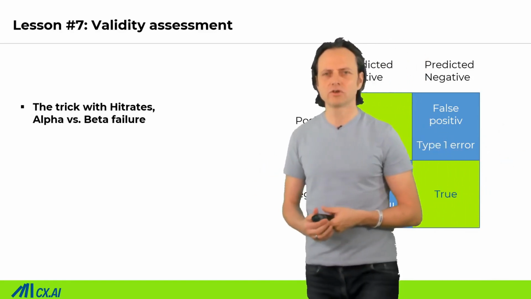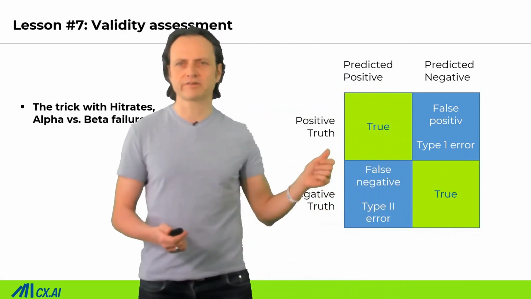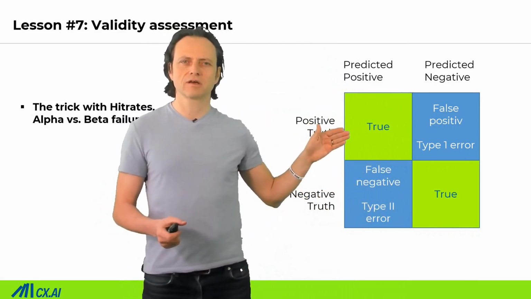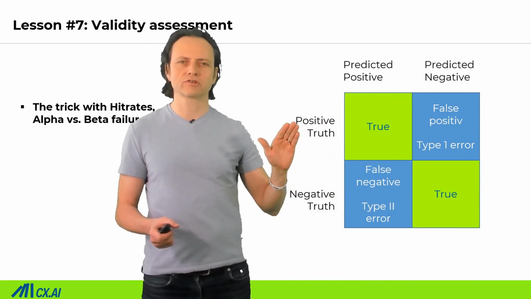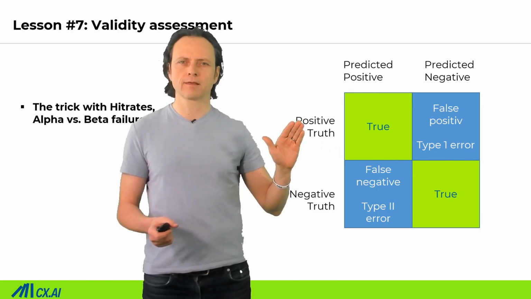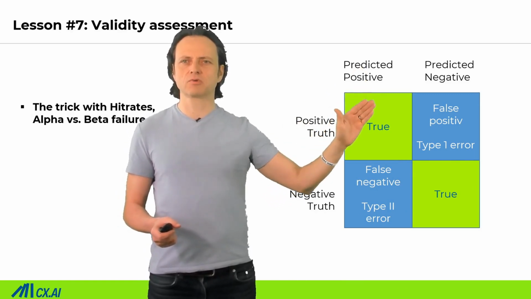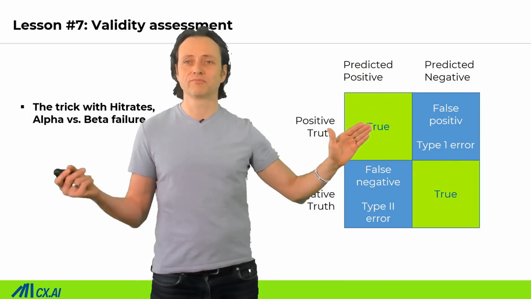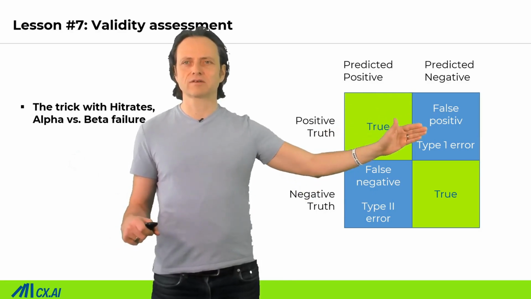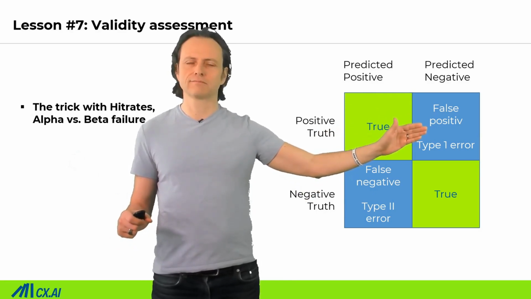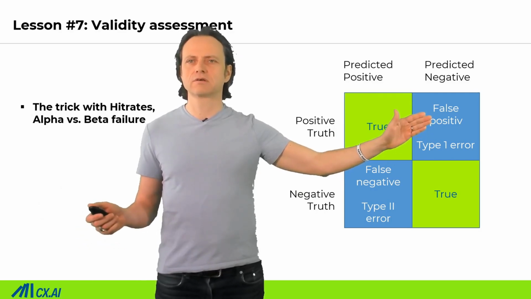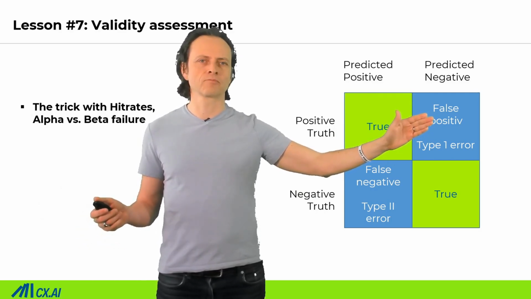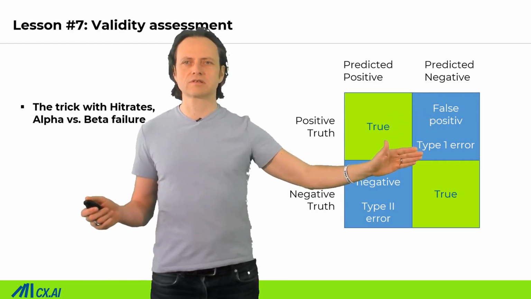What you need to look at is this grid. Something which in truth belongs, for instance, is quality. And if it's predicted as quality, it's true. If it's predicted as something else, or basically not as quality, then this prediction is wrong. This is a false positive. This is error number one.